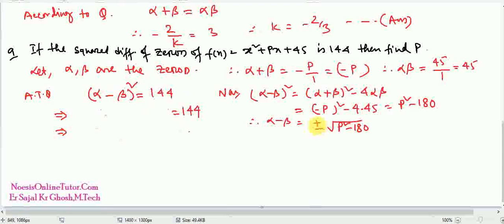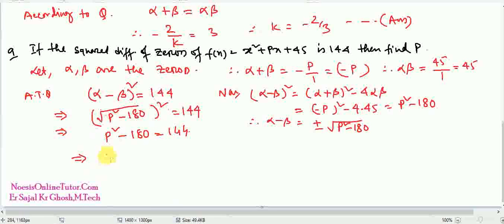What is the value of alpha minus beta? That means this is equal to root over p square minus 180 whole square. That is equal to p square minus 180 equal to 144.